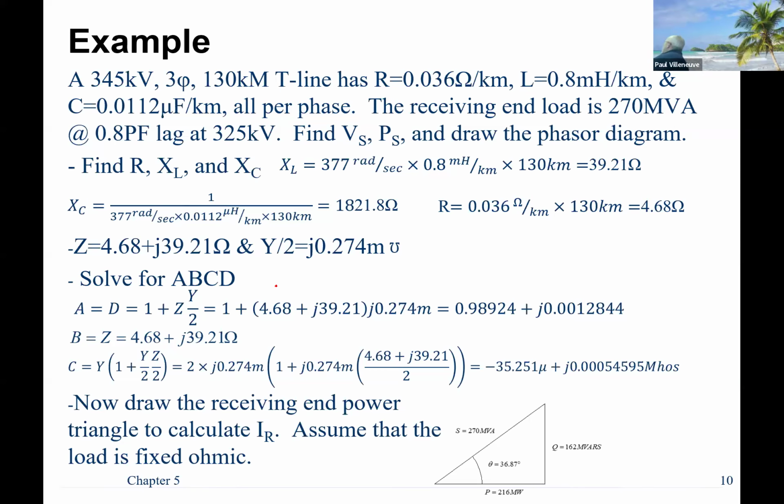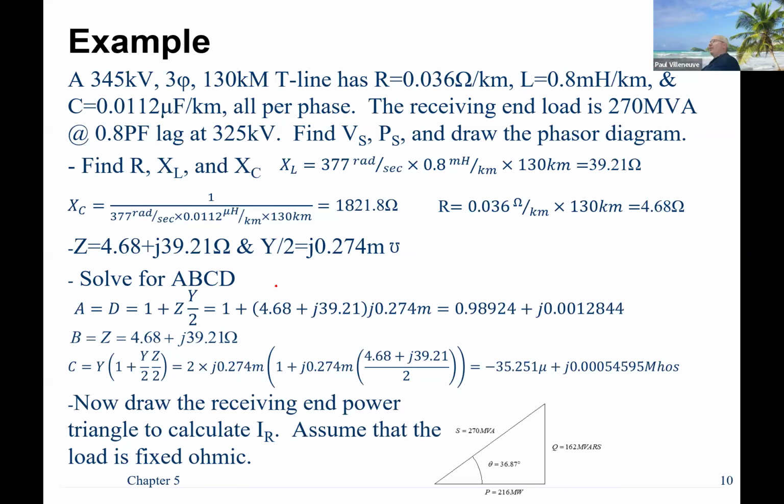I also tell you what the load is, and I tell you what the nominal operating voltage of this line is supposed to be, 325 kV. So I want you to solve for the sending end voltage, the sending end power, and then draw the phasor diagram. And then we'll talk about the phasor diagram in a little bit.